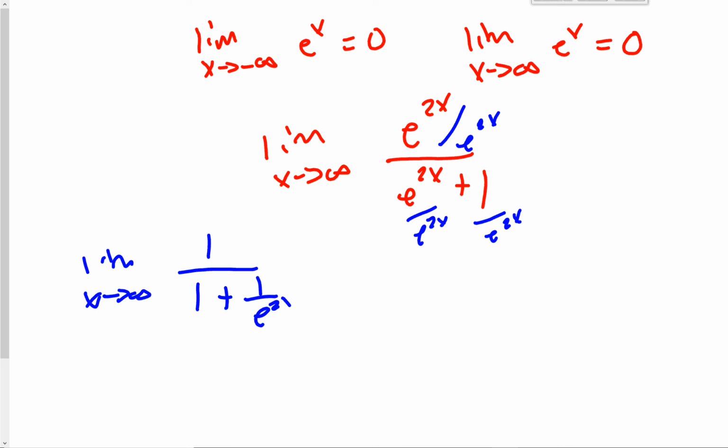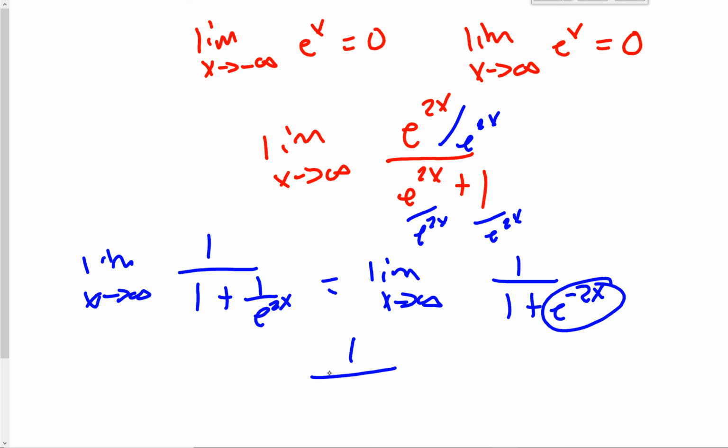e to the 2x. And I can change that, use my exponent rules. 1 over 1 plus e to the negative 2x. And so I can rewrite that, and then I can distribute the limit. I just take the limit of the top, which is just going to be 1, take the limit of the bottom, which is 1, plus the limit of this.